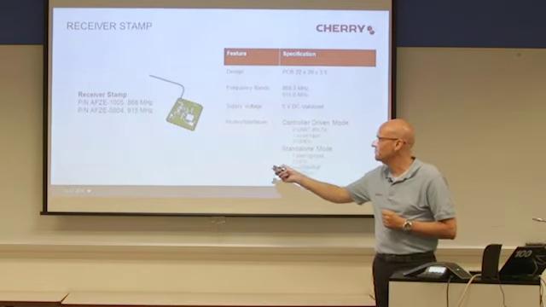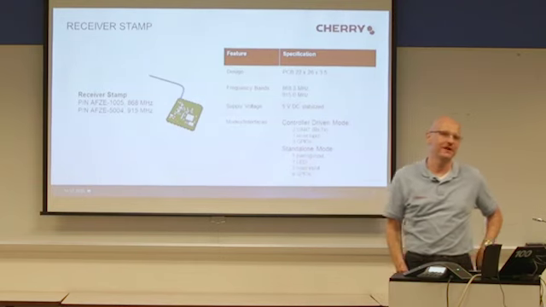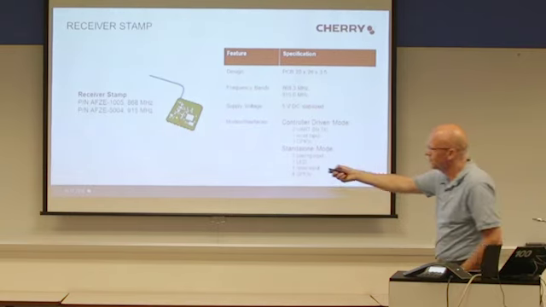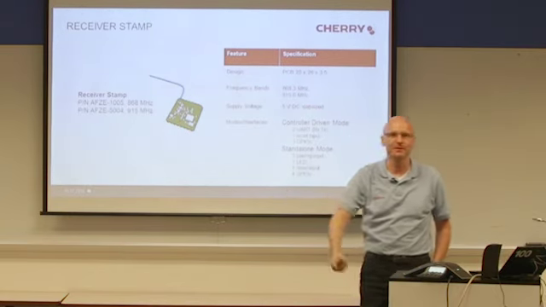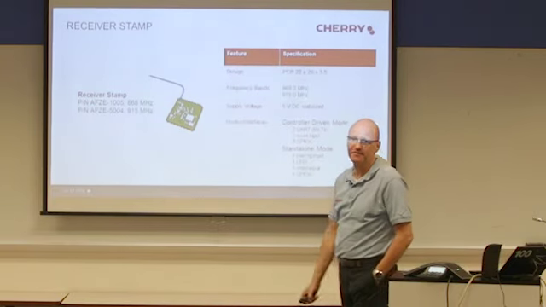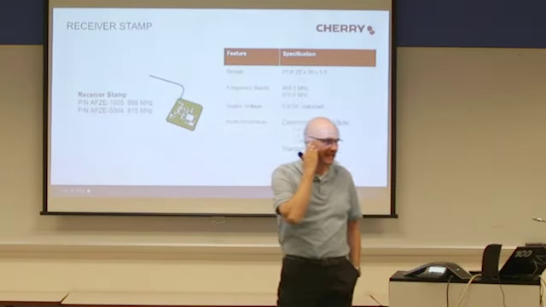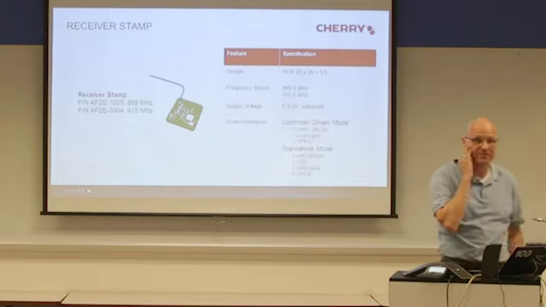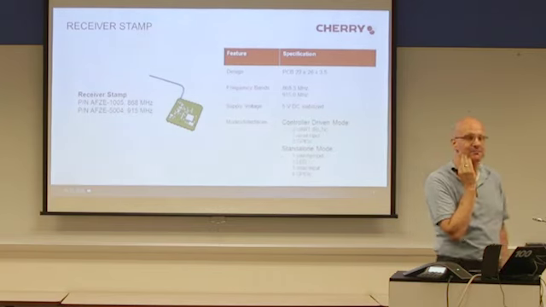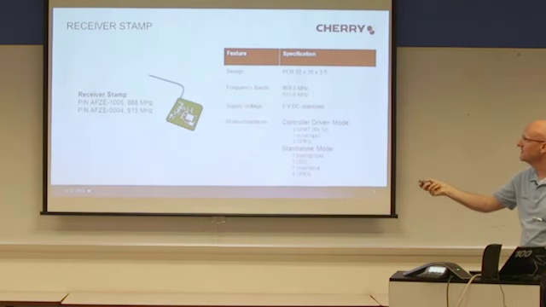You need to pair senders to the RF stamp, and therefore you have to switch the RF stamp into pairing mode. But where is the button on the RF stamp? And where is the LED which flashes? There is no button and no LED on the RF stamp. So we have a problem. How can we switch the RF stamp into pairing mode?